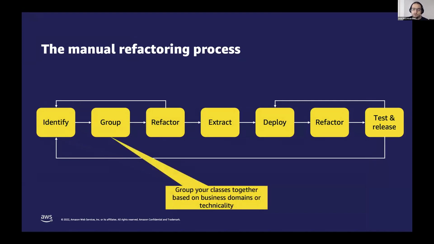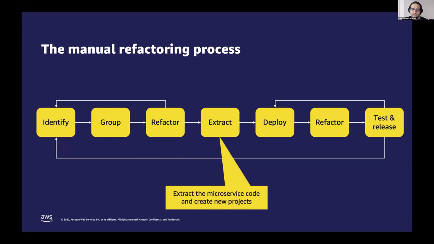Then you try to group the relevant, independent components within that solution or application as a single unit. What you are trying to do here is define your service boundary. Then you may need to do some refactoring to make that extraction possible or easier. Eventually, you do your extraction. When you do, you usually create a separate project or solution and move the functionality into it, then deploy it as an independent service.